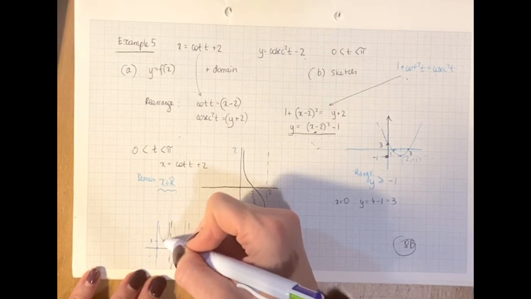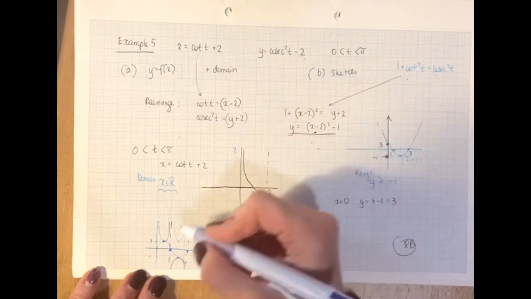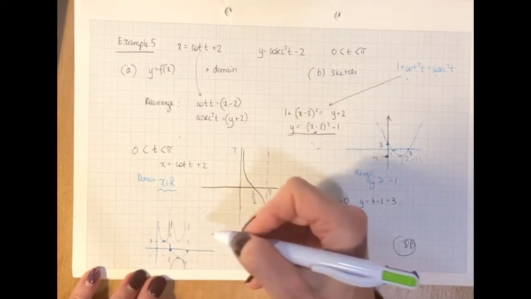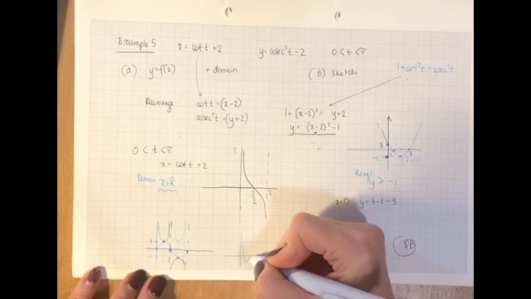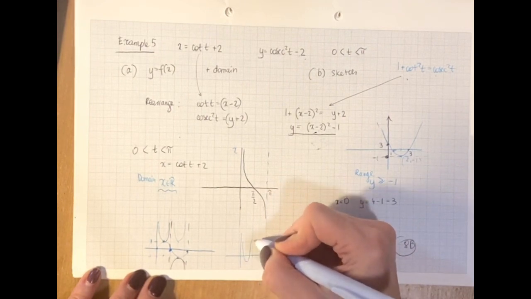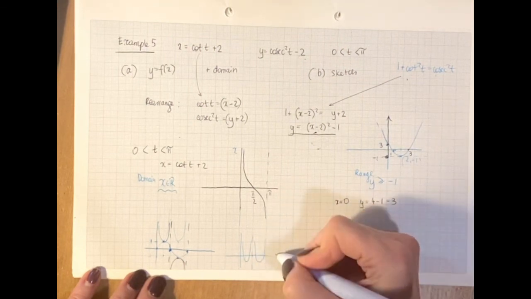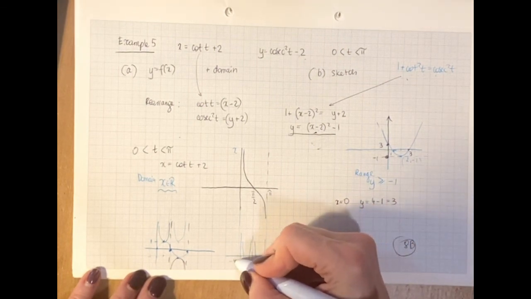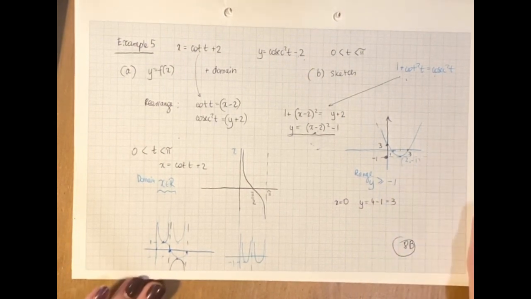So you are going to get the lowest value of 1, but then we are taking away 2, so the whole thing is shifted down to minus 1. This one here would be like this from 0 to pi, and if you head to 2 pi, the same thing would be happening as well. So that is still going from minus 1 upwards, which was easier to get from the quadratic.